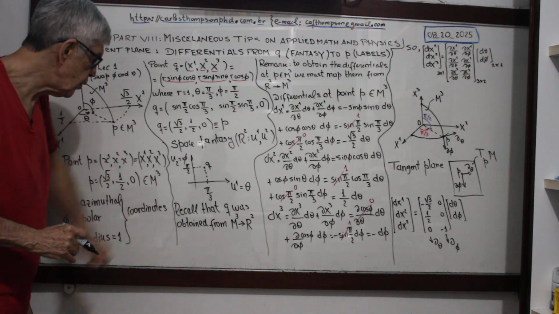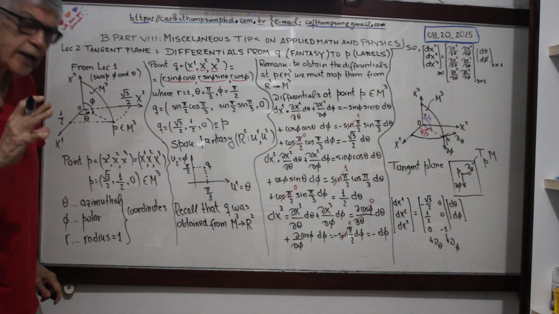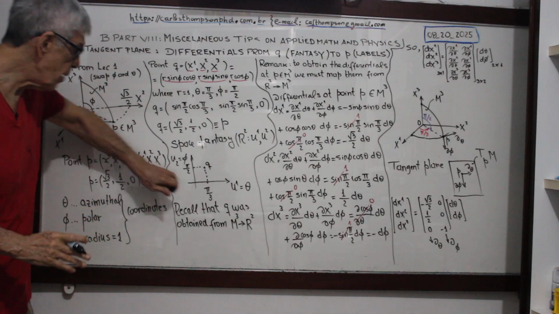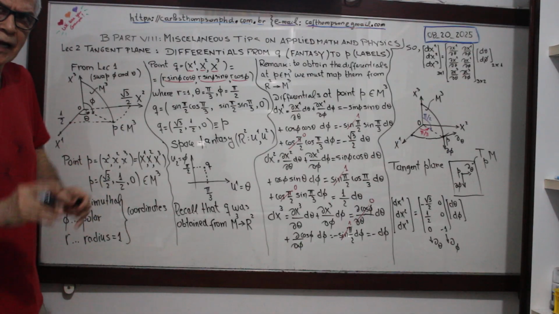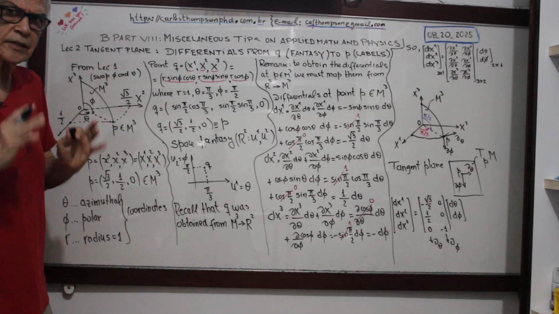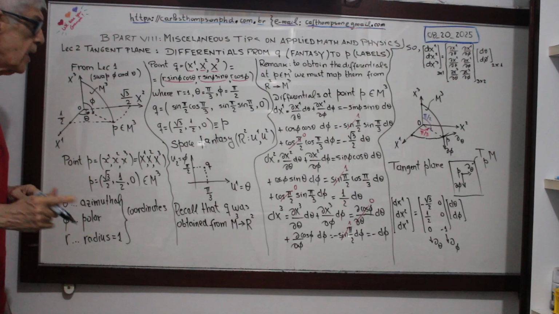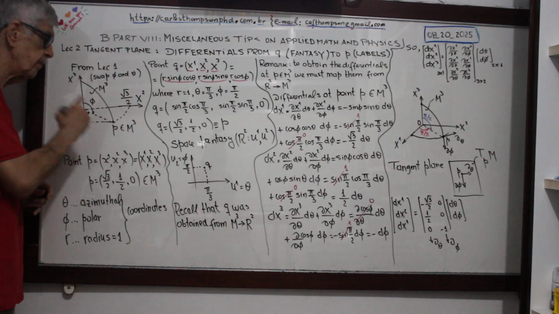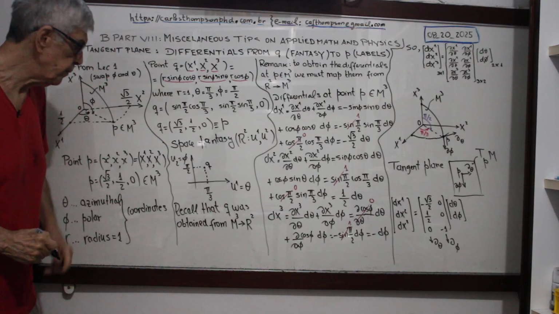This point coincides with point Q, but I'm working here on the fantasy. I insist that all the calculations cannot happen at point P. They always happen at point Q, which is a fantasy.